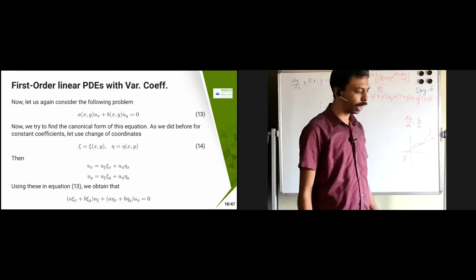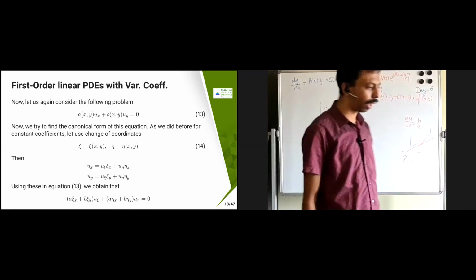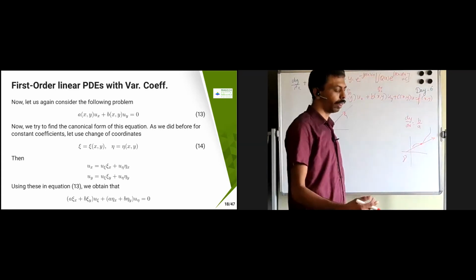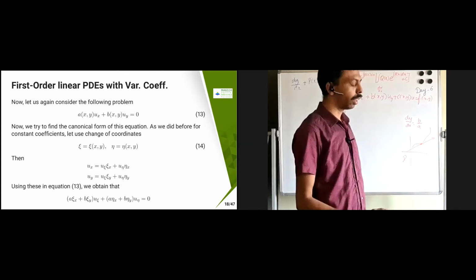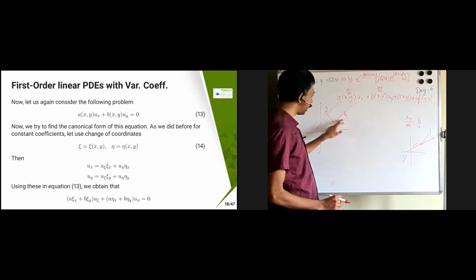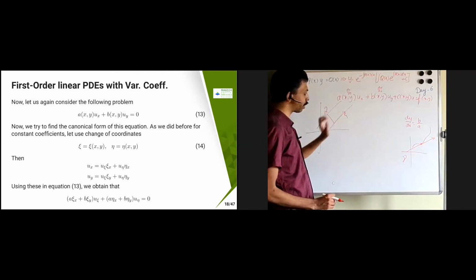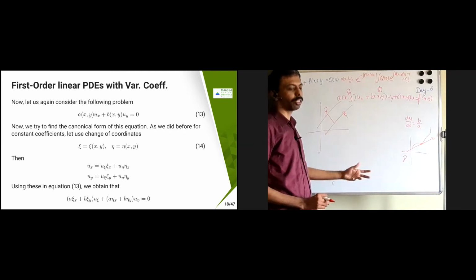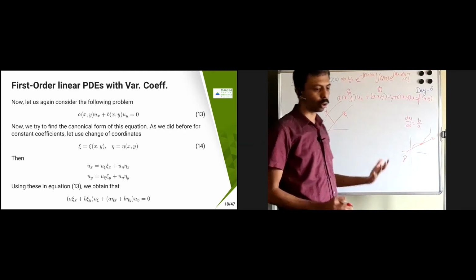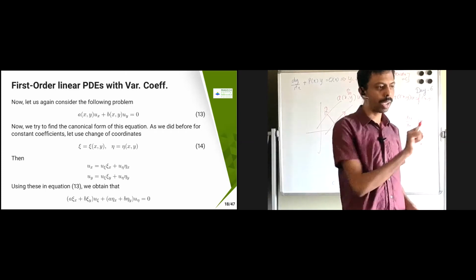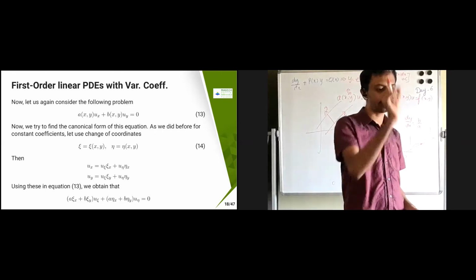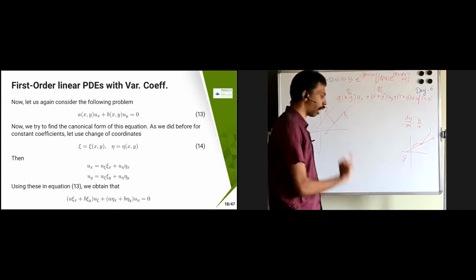So here what we do is a different setup. We will fix one coordinate. For example, chi I will just keep as x, and only y I will change. So chi is going to be along the line of x, and only the other variable changes according to the curve. That is the underlying idea here.